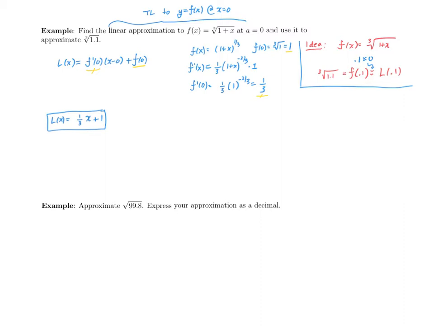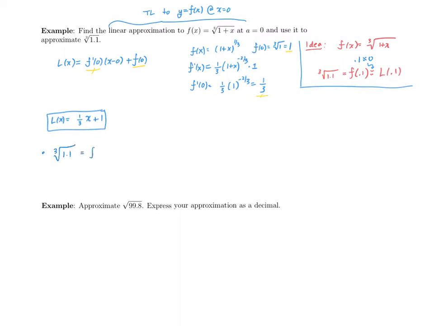Now that we have this linear approximation, let's see if we can move on to part 2 and approximate the cube root of 1.1. A very important part of this problem is connecting your work together. And what I'm going to need you to do is somehow show me that you've thought about the function value in relation to this linear approximation. So what I would want to see in this example is something like we have to the side.